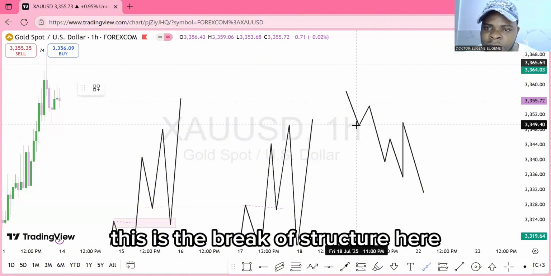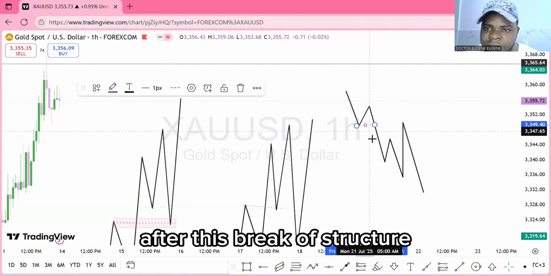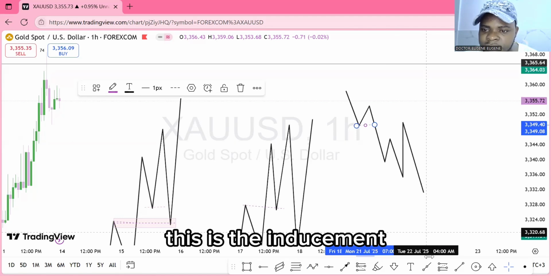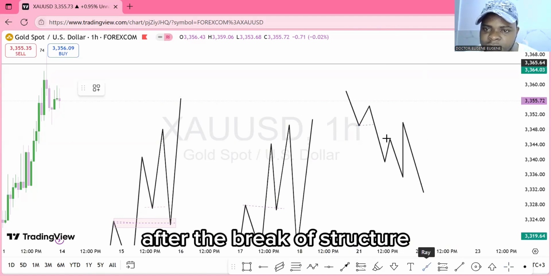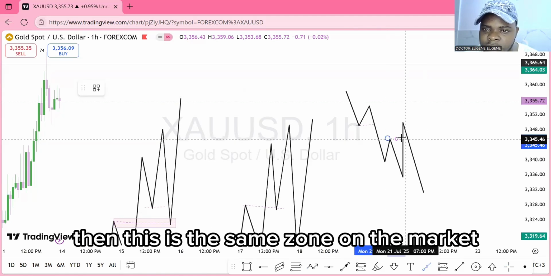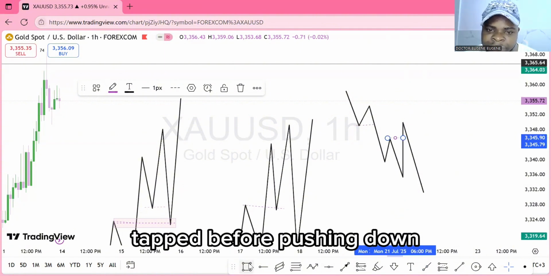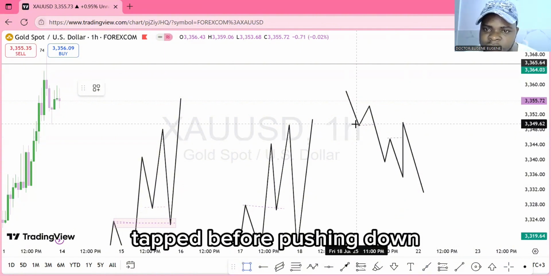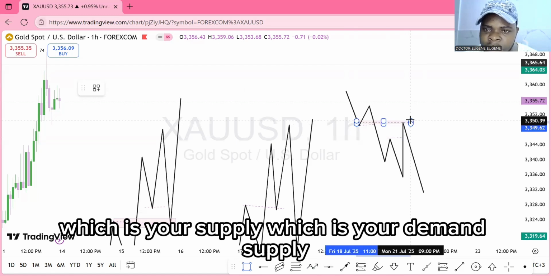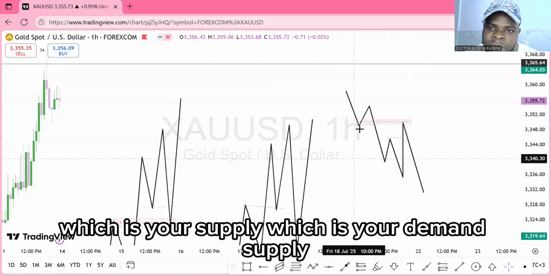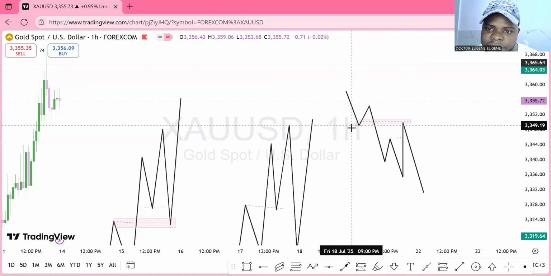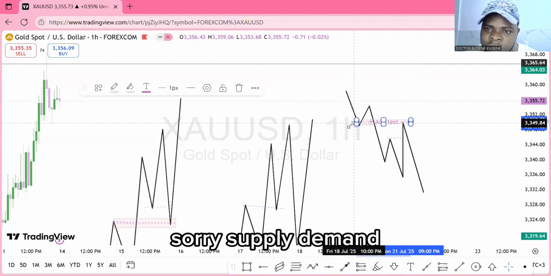This is the break of structure here. After this break of structure, this is the inducement. After the break of structure, this is the same zone the market tapped before pushing down, which is your supply demand.